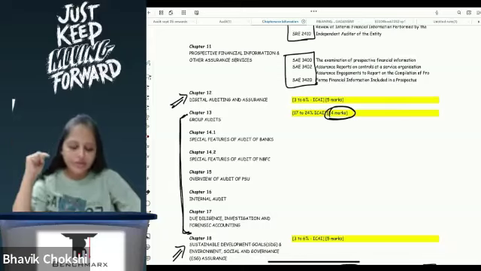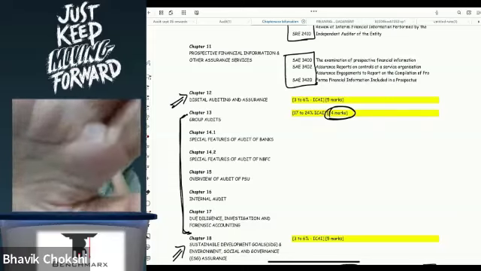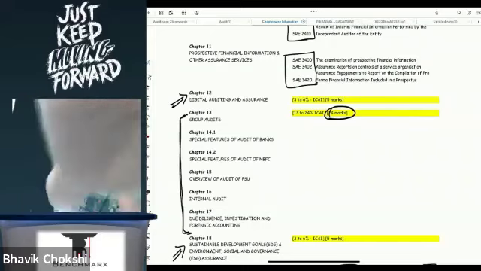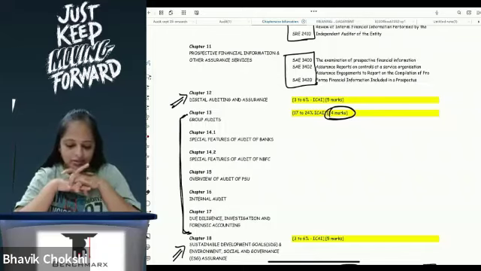In that first write down digital auditing and assurance, chapter 12. Write down 5 marks.